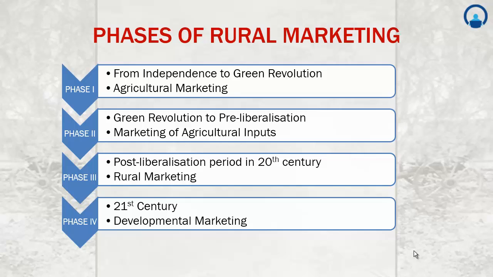So, learning from its experiences after independence, the corporate world finally realized some solutions and approaches that would give results in the rural market. And if the organization wanted to actually tap the real potential of the rural market, they had to make a long-term commitment with this market.